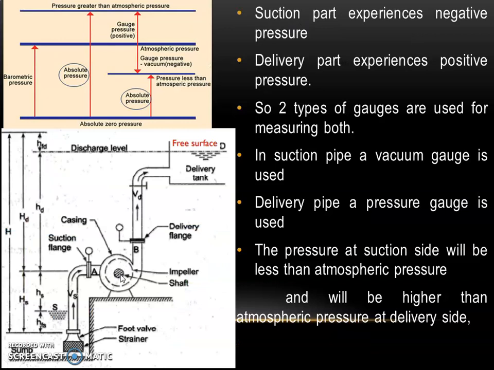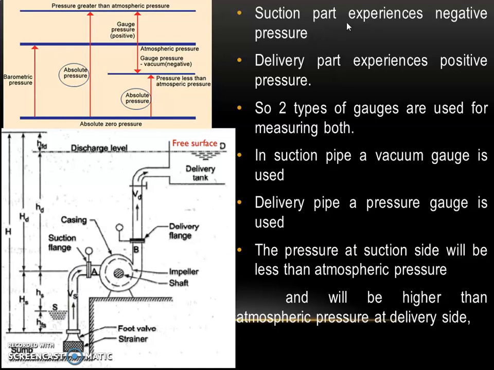This is a pump which is used to draw water from a lower level, maybe from a sump or well, and the same water will be delivered to an overhead tank, which is also known as delivery tank. When the pump sucks water, there will be atmospheric pressure acting on top of the liquid surface. Initially there will be vacuum created here when the pump starts.